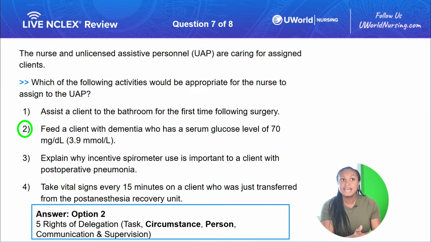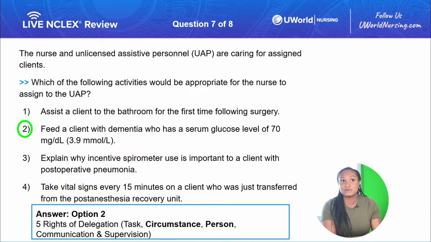For option 1, assist the client to the bathroom for the first time following surgery. Like I said before, the nurse should be the first one doing all the first assessments or initial things. That includes assisting to the bathroom, just in case there are any complications with that first walk. The nurse should be there to monitor and make sure nothing goes wrong.